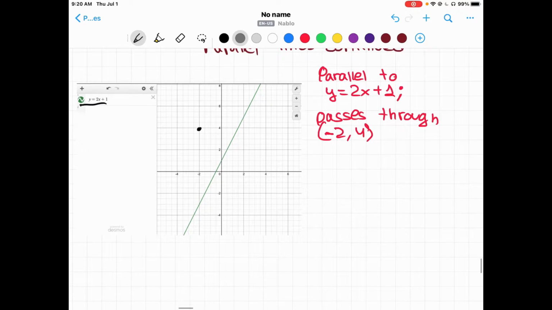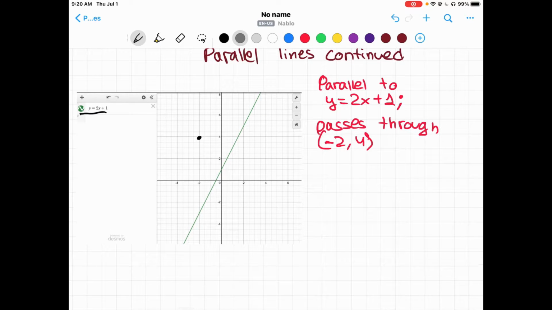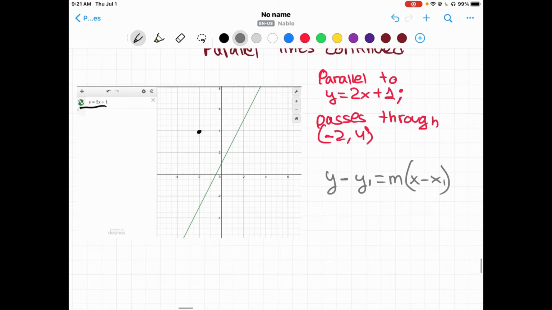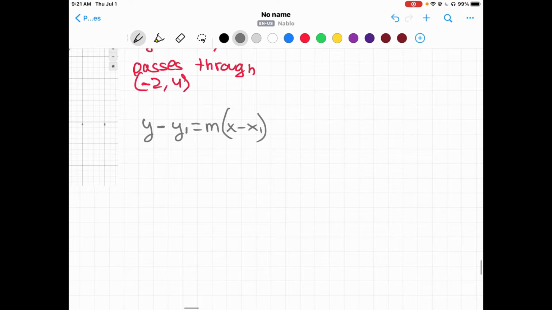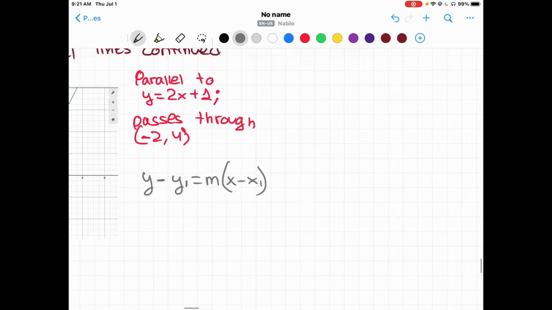Remember, the point slope form formula is y minus y1 equals m, which is the slope, multiplying x minus x1. Let's go ahead and use this formula. Let me just write down the original line, y equals 2x plus 1.